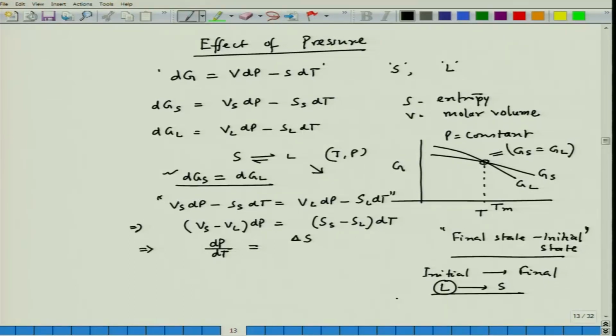So, this is my initial condition and this is my final condition. So, then I can write it as liquid to solid, and where this quantity is solid. So, now this equation is valid at equilibrium.